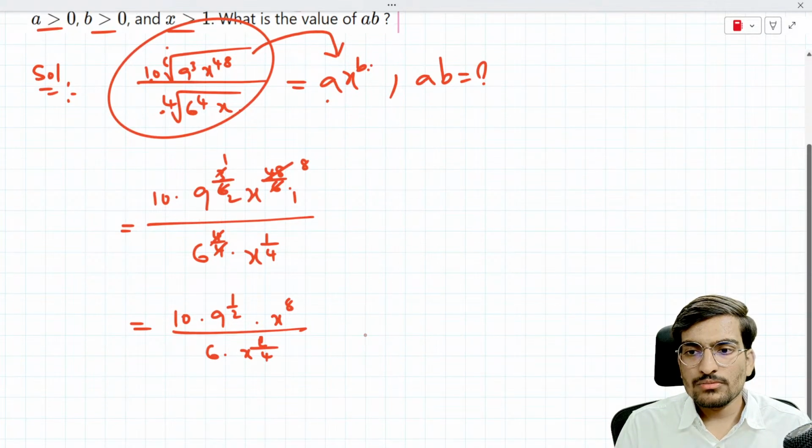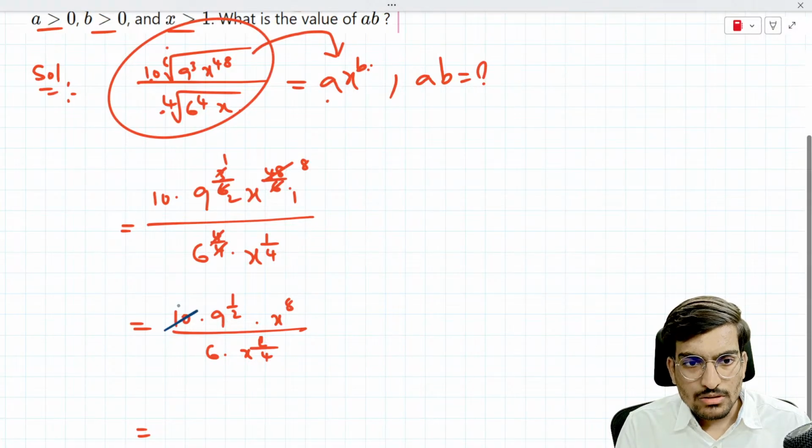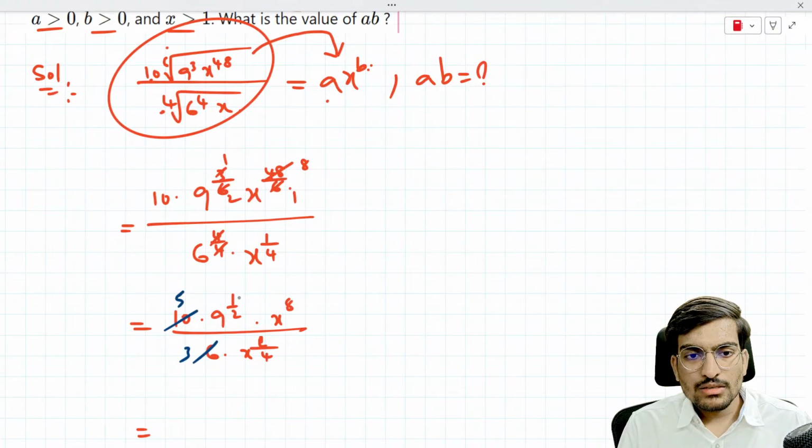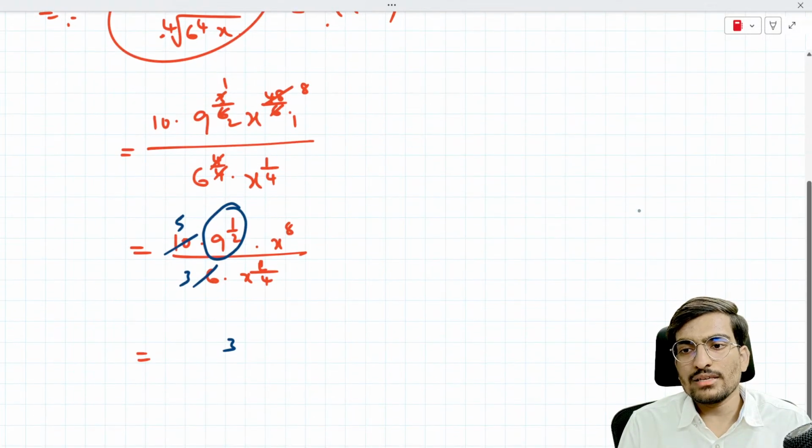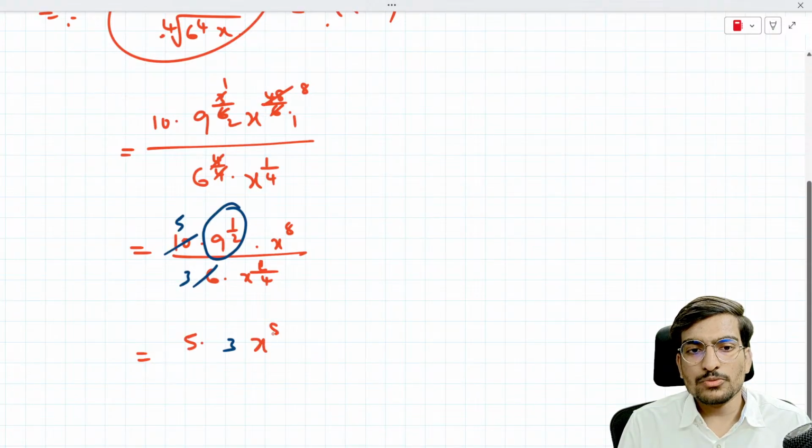So now we can cross out 2 5s and 2 3s, and this value we can write as root 9, which is 3. I wrote directly 3, and then 5 here, and then x power 8 here, and then 3 and x power 1 by 4.